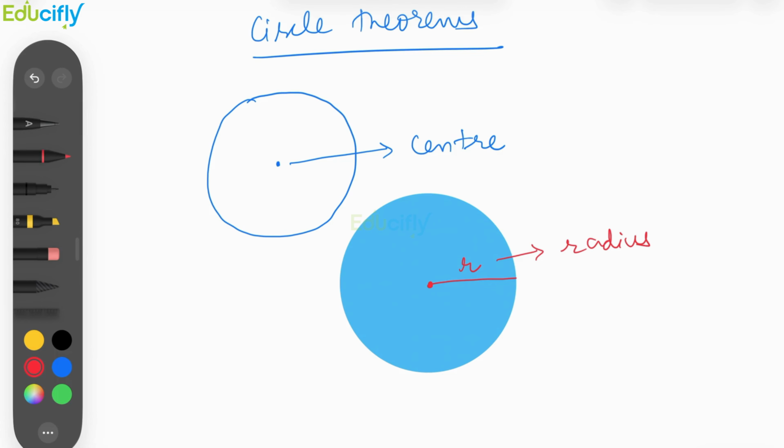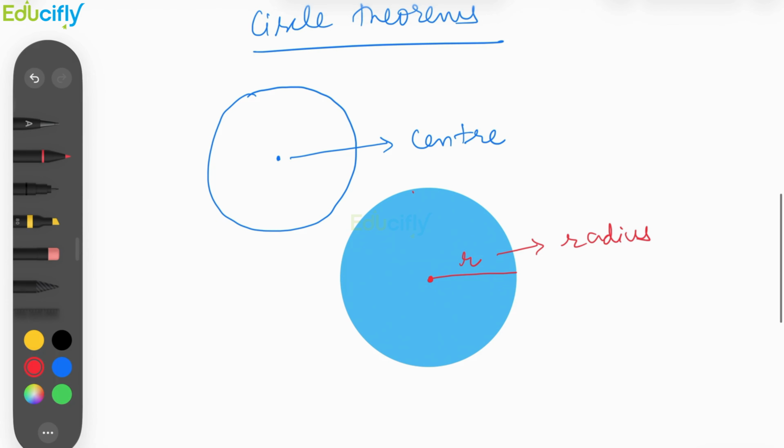And if we are making a line which passes through the center of the circle and joins two points on the circumference, this line is denoted with d and we call it the diameter of the circle.